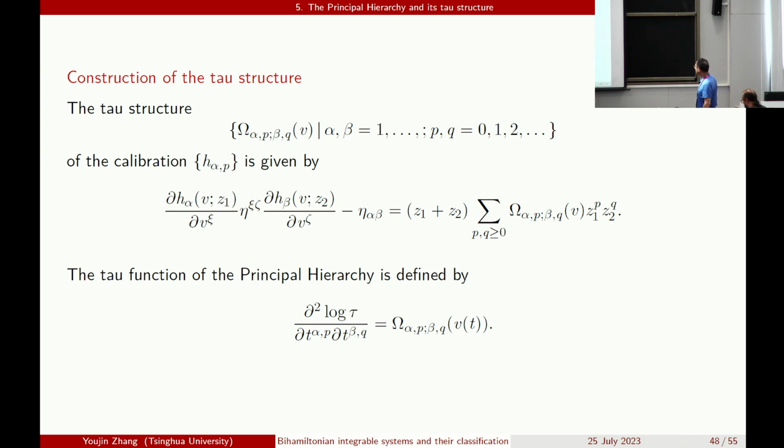Then using this calibration, we can define a tau function for the principal hierarchy. Okay.